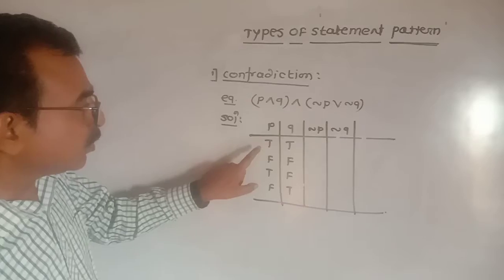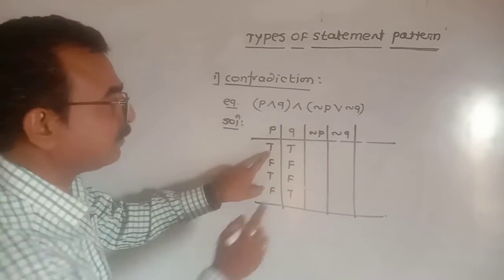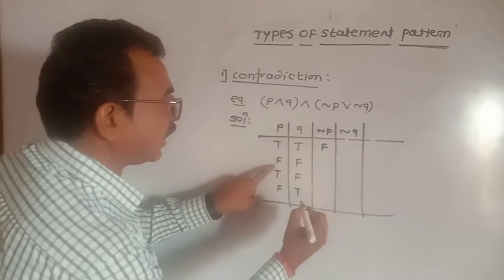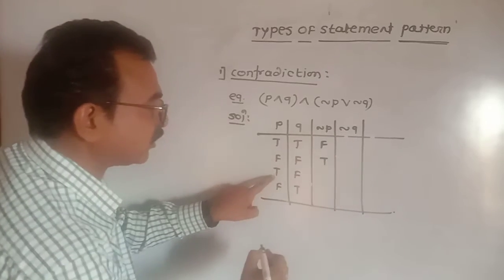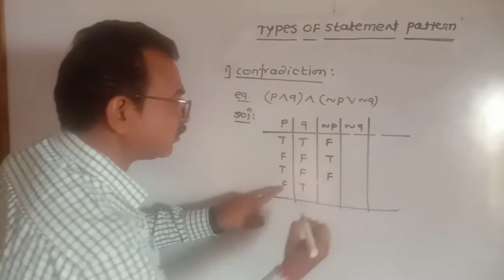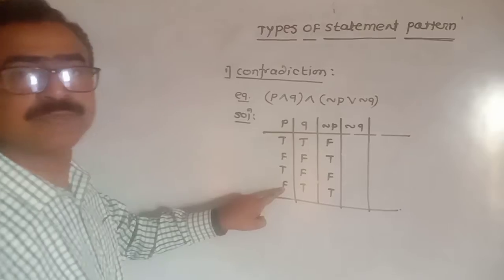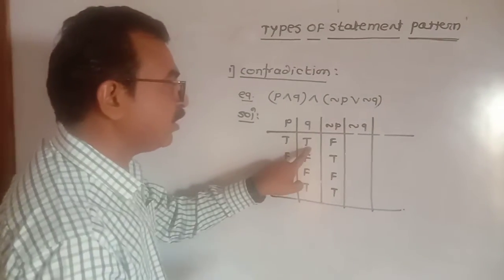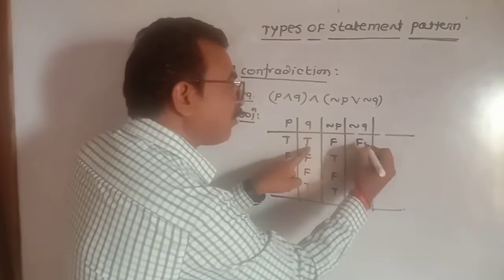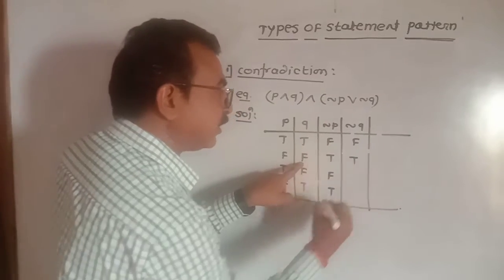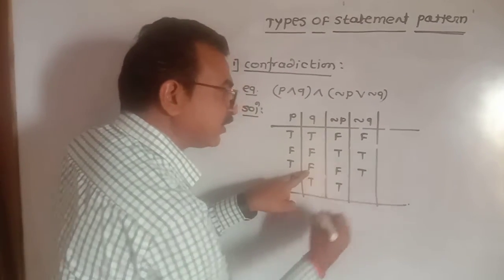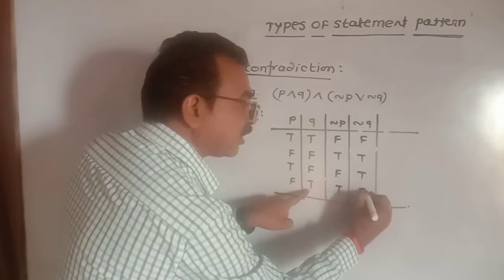Negation P: statement true, negation false; statement false, negation true; statement true, negation false; statement false, negation true. Negation Q: statement true, negation false; statement false, negation true; statement false, negation true; statement true, negation false.